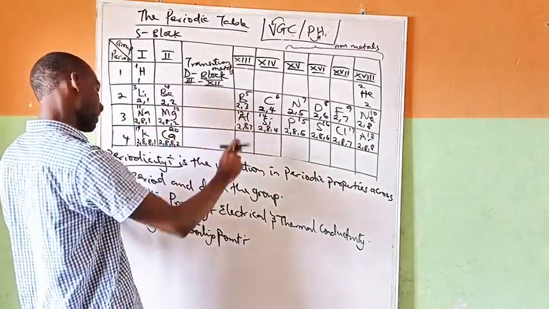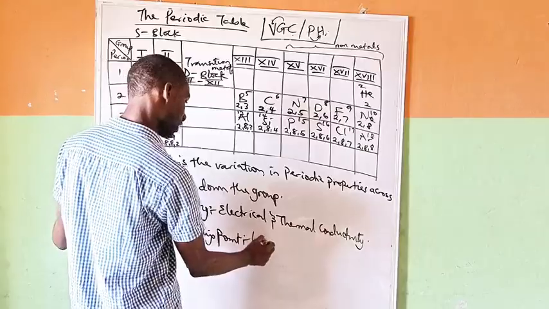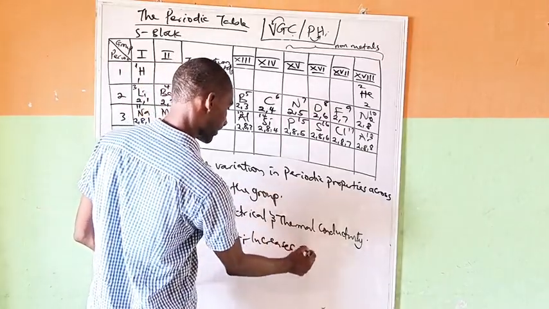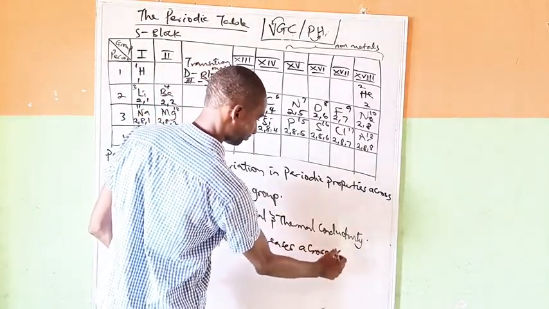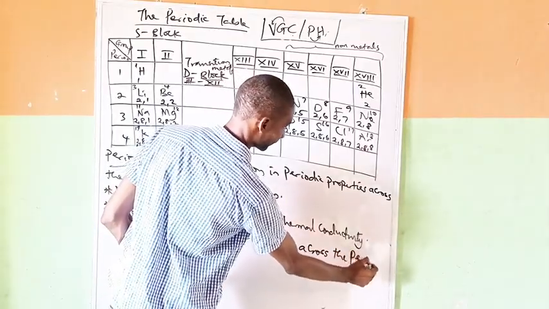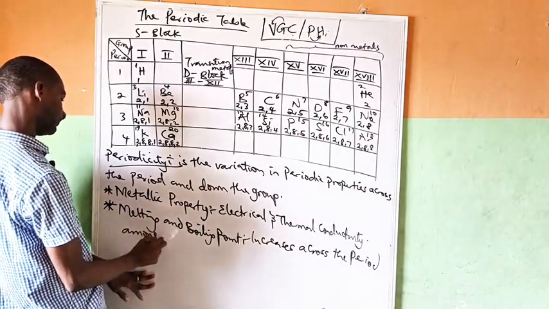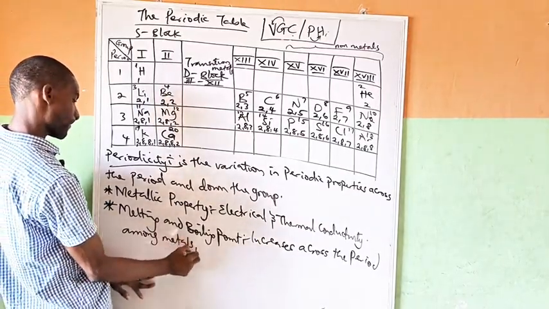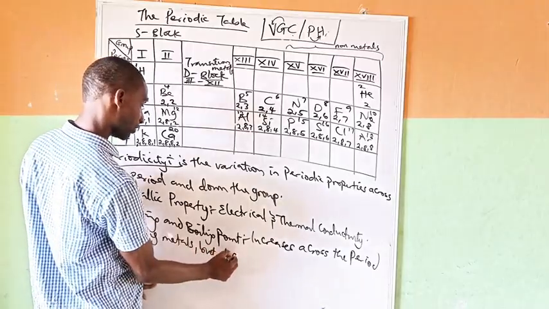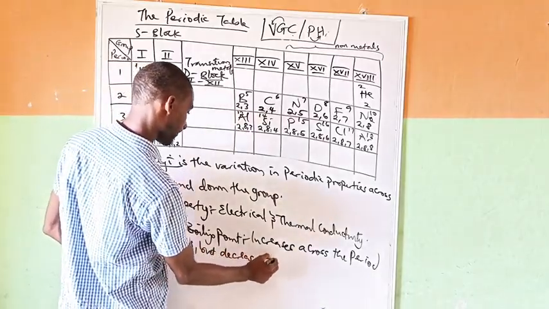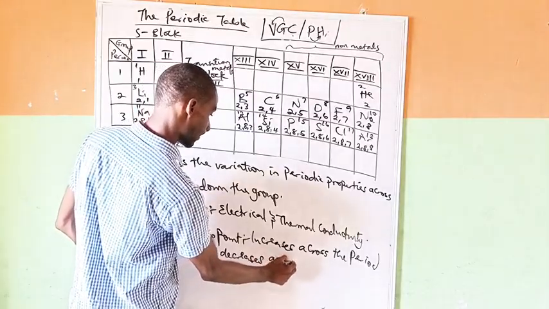So among the metals it increases across the period, but decreases among the non-metals.